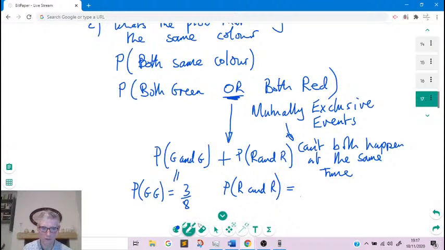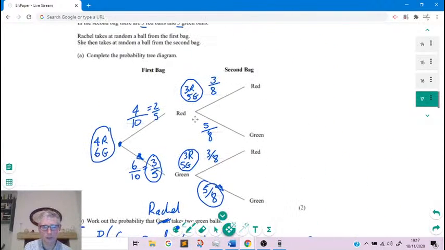So we need to work out the probability that we're going to get red followed by red. I'll move the board up again to the tree diagram. It's quite useful sometimes to write the probabilities at the end of each line. Going red and then red means following this route: start here for the first bag, go down there, and then go up this route. Red and red becomes multiplication, so we take the 2/5 and multiply it by the 3/8.